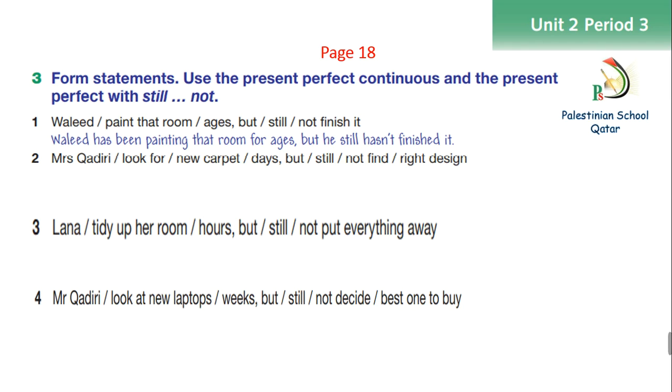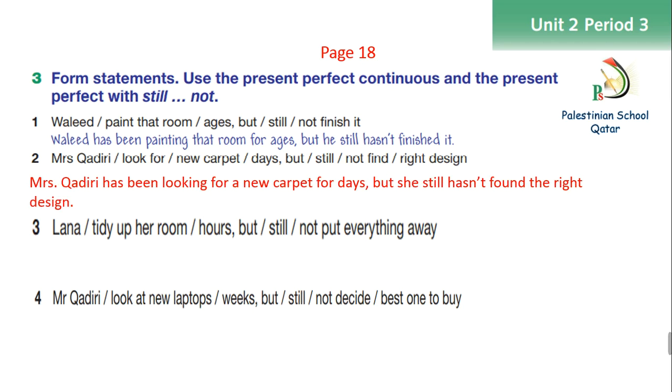Number 2, who can do it? Mrs. Qadri look for a new carpet days but still not find right design. So we can change it to: Mrs. Qadri has been looking for a new carpet for days but she still hasn't found the right design. Number 3, Lana tidy up her room hours but still not put everything away.